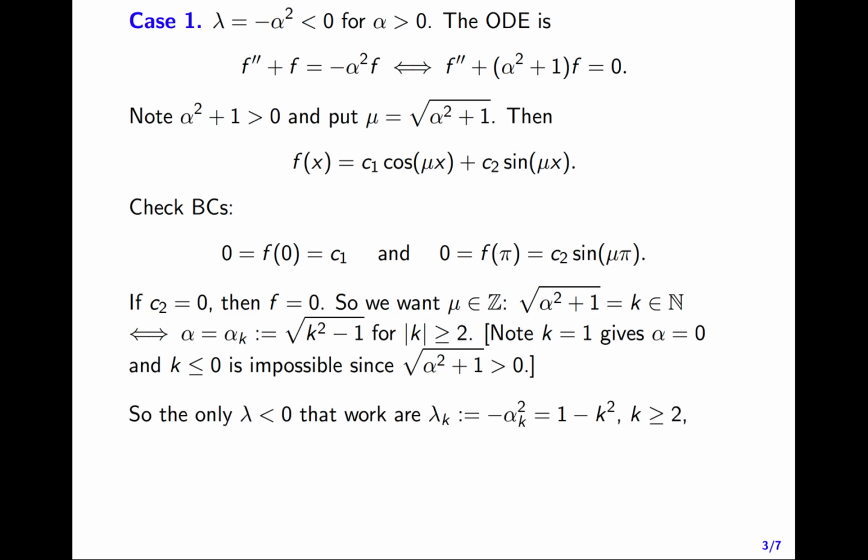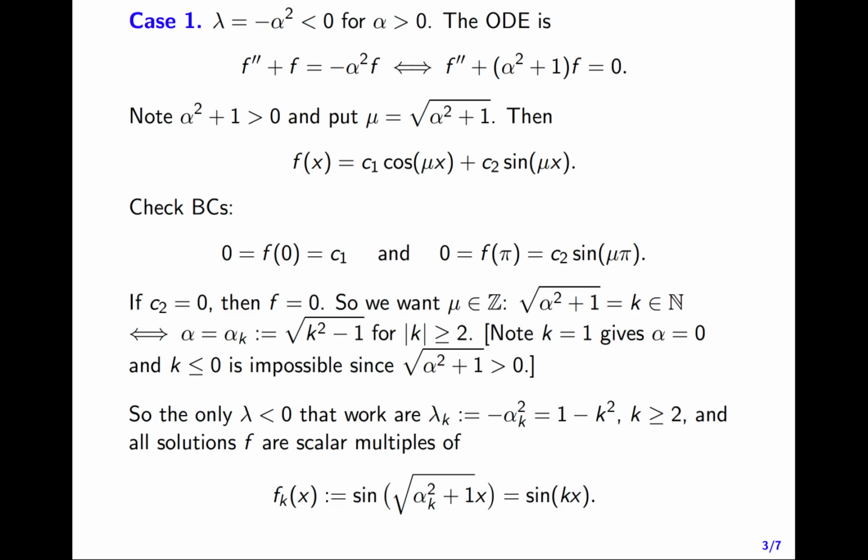And so we see the only lambdas that are negative that produce a non-trivial solution are these numbers that we'll call lambda k equals minus alpha k squared, which will be 1 minus k squared for k greater than or equal to 2. And in that case, the solutions f have to be scalar multiples of f k of x, which will be sine of root alpha k squared plus 1 times x, which will just be sine of kx.